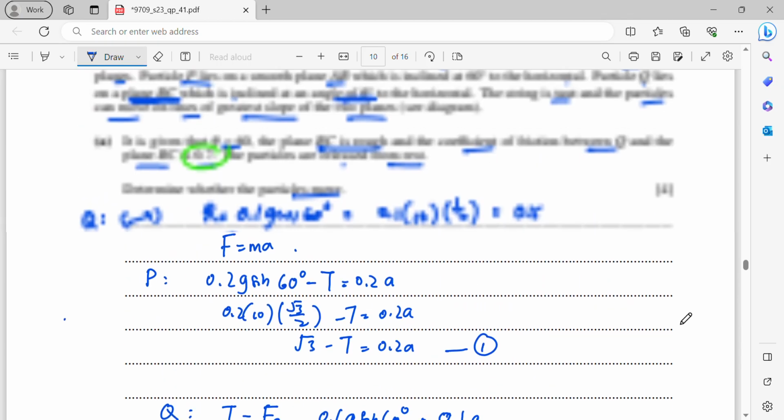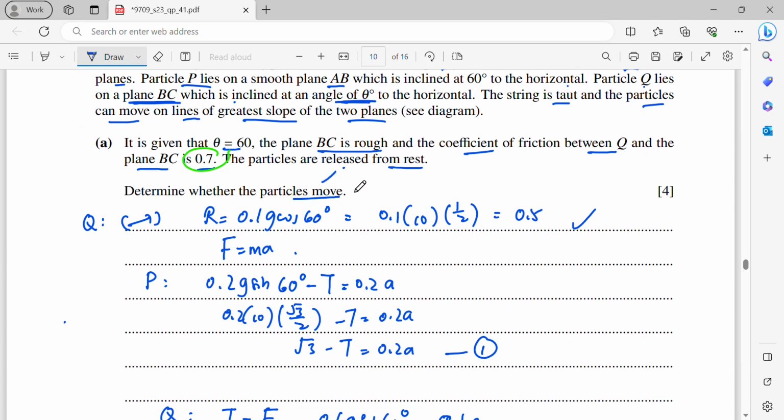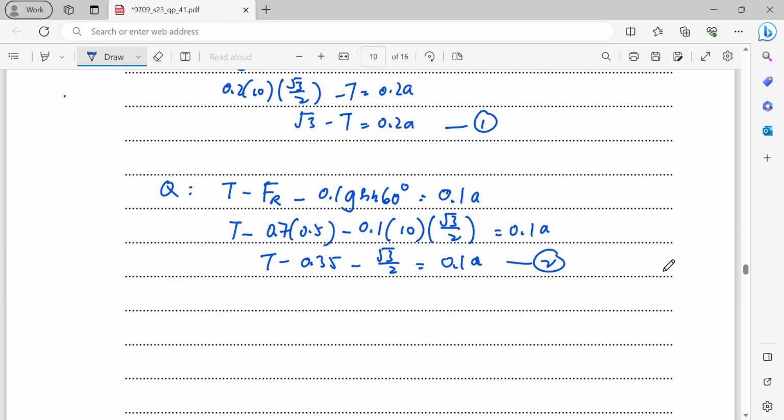Now the question asks whether they are moving or not. So I need to find my a, which means that I need to eliminate the T. Since this is minus T and here is plus T, I will just add the two equations. First plus second, I will get square root 3 from the first equation, then the minus T and plus T cancel off. Then copy all the terms on the left hand side from the second equation.